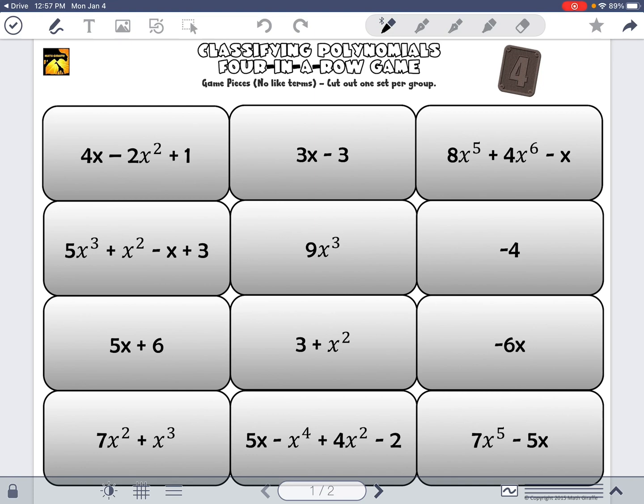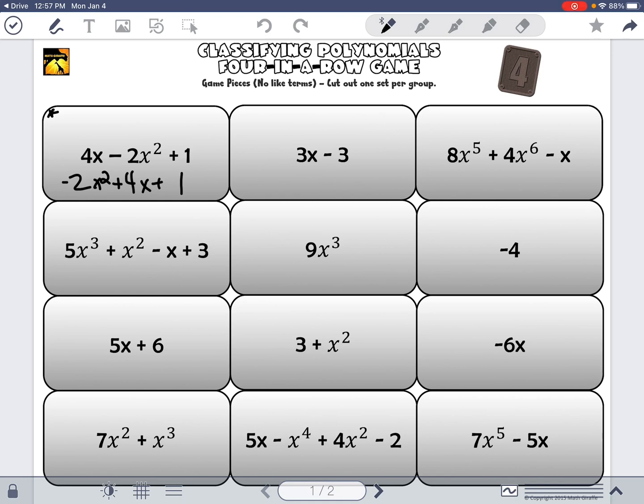So let's take the first one, which we're going to start here. And it's 4x minus 2x squared plus 1. It's not in standard form, but I'm going to write it in standard form for you real quick. Now it's written in standard form. To name it by its degree, we look for the highest exponent, which is 2.